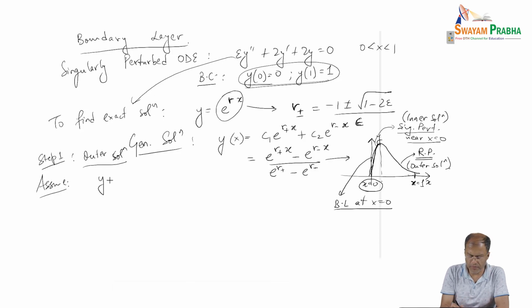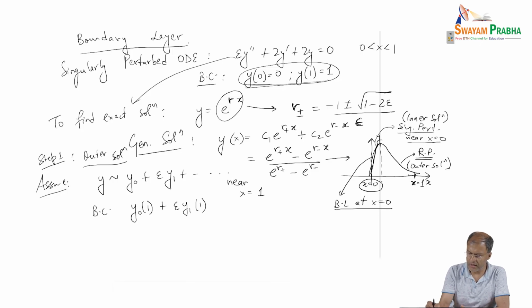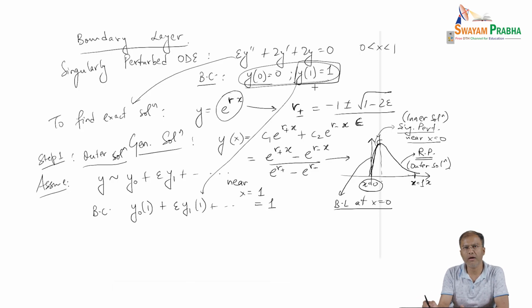So we can assume that y has the regularly perturbed form y0 plus epsilon y1 and so on near x equal to 1, with the boundary condition y0 at 1 plus epsilon y1 at 1 and so on equal to 1. Right? We are going to use only the boundary condition for the outer solution. This is the expansion outside the boundary layer. So y of 1 is 1, and we are using that boundary condition for the outer solution.